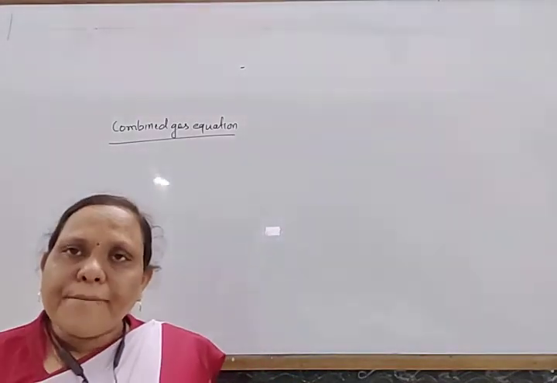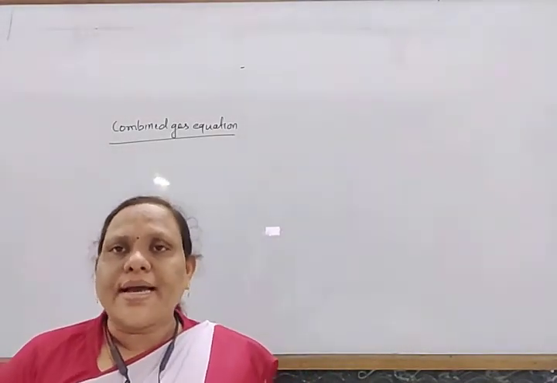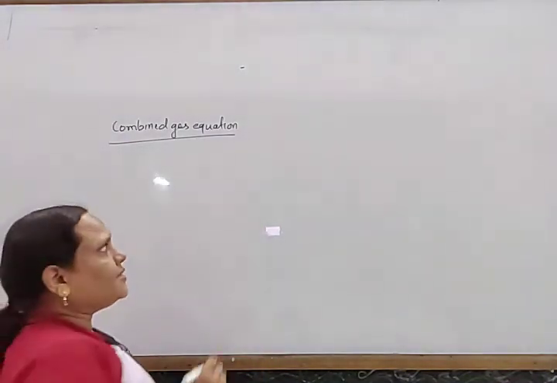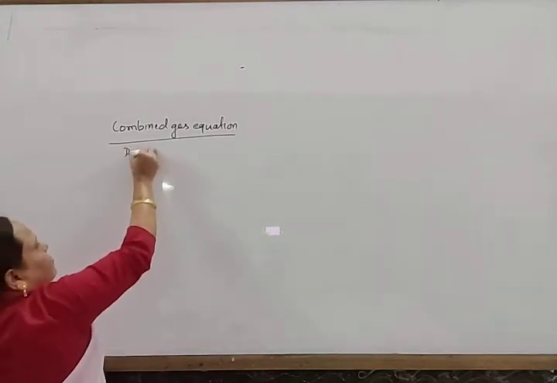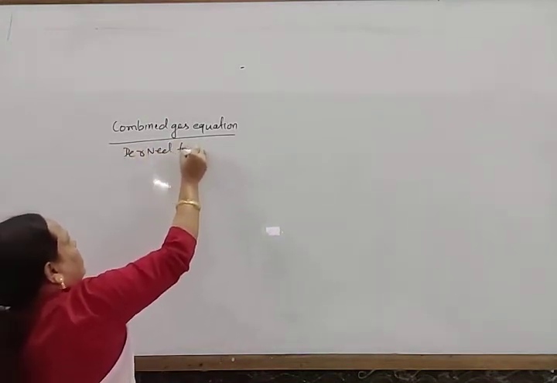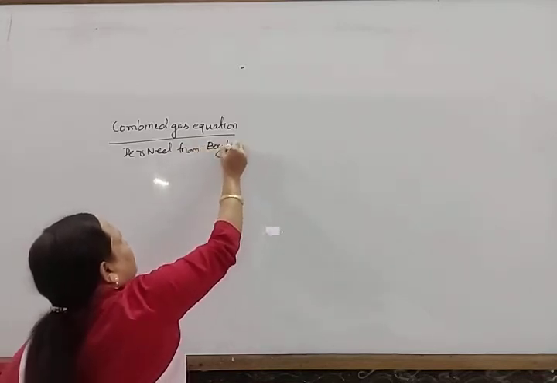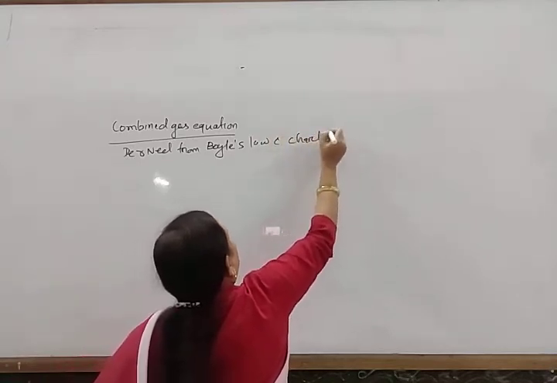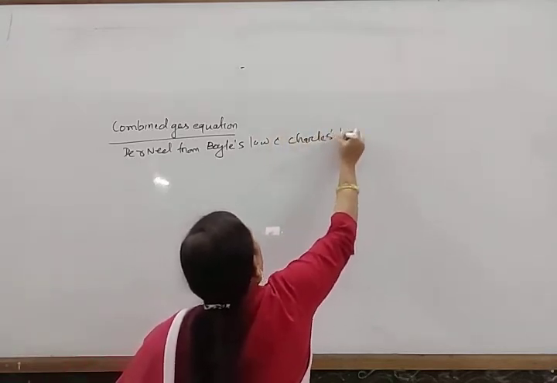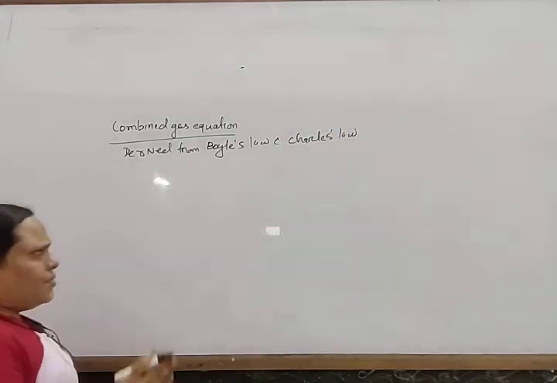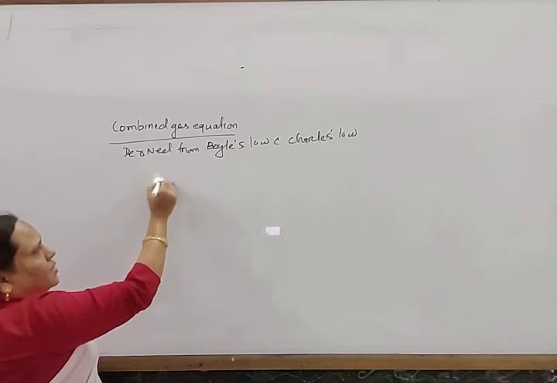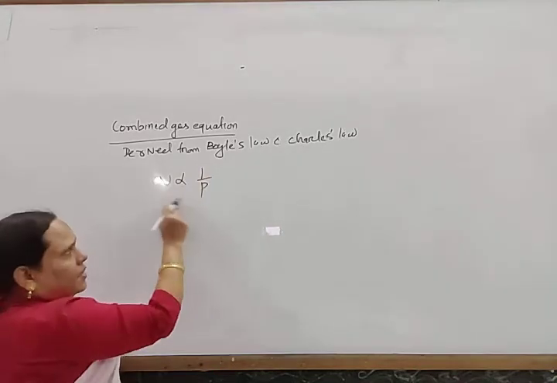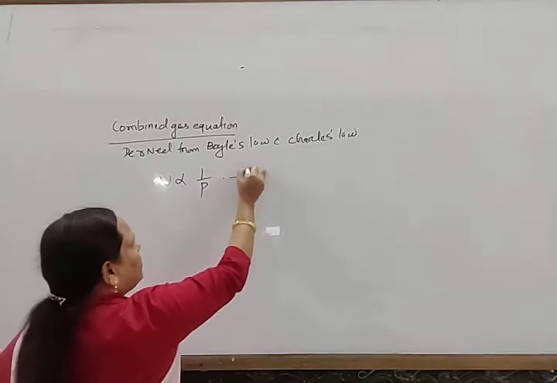Next come to the combined gas equation. This combined gas equation is generally derived by applying Boyle's law and Charles' law. According to Boyle's law, V is proportional to 1 by P. This is equation 1.